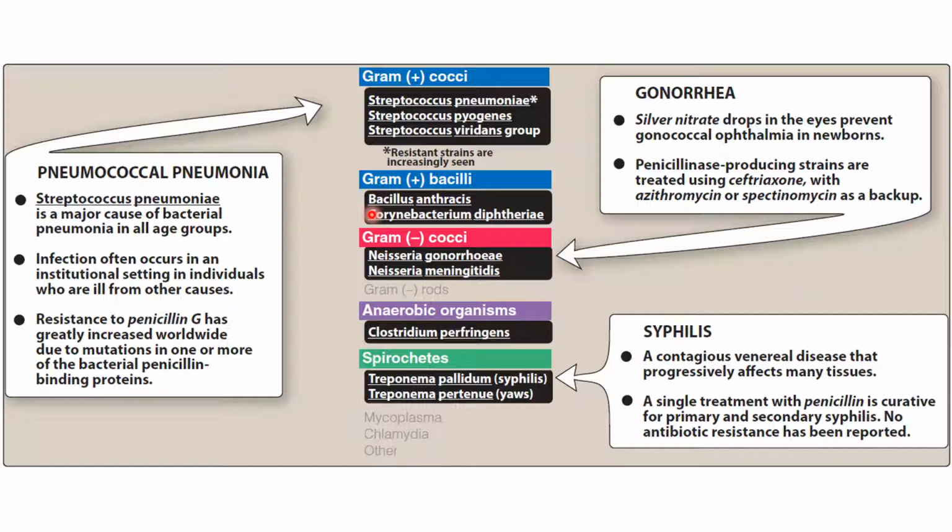Anthrax is deadly, so it will lead to death. That is why there are only two places on earth with this bacteria left, and you will probably not see this in your life. Bacillus anthracis will lead to anthrax.